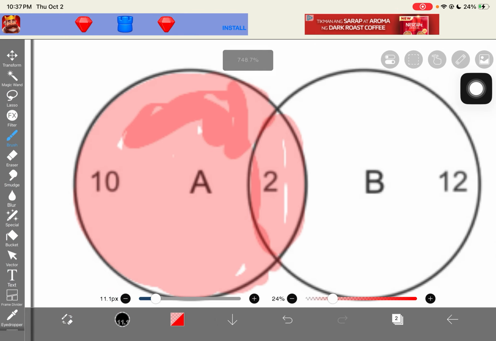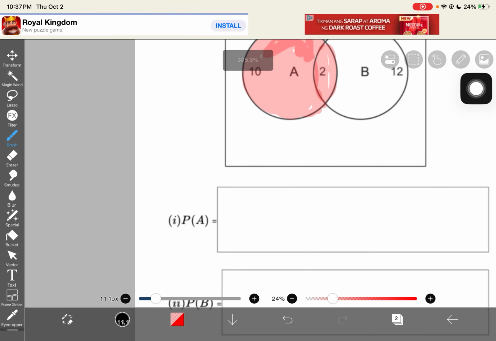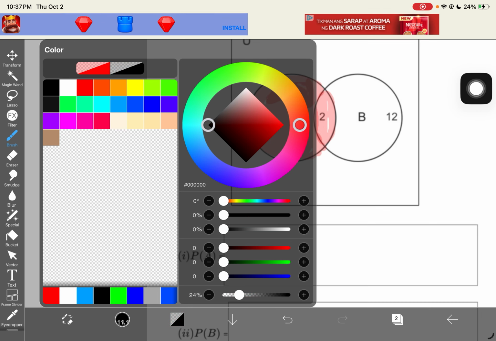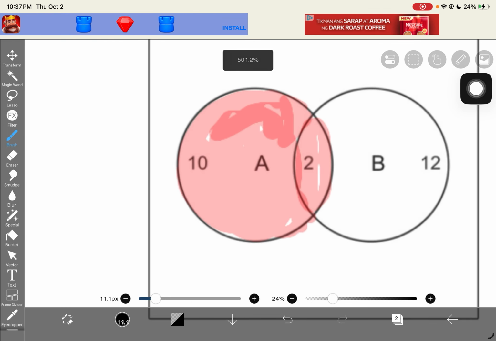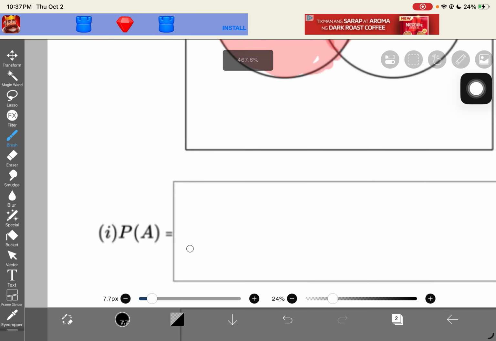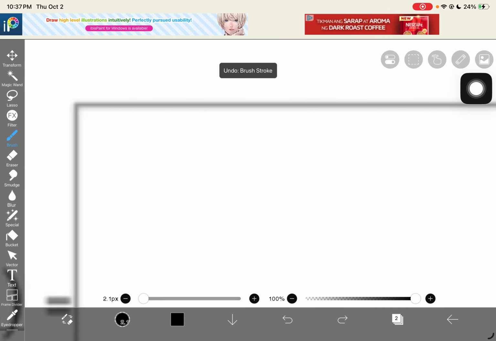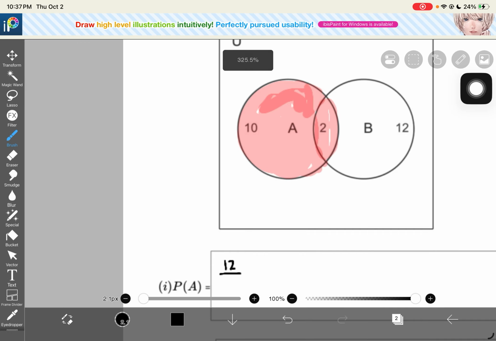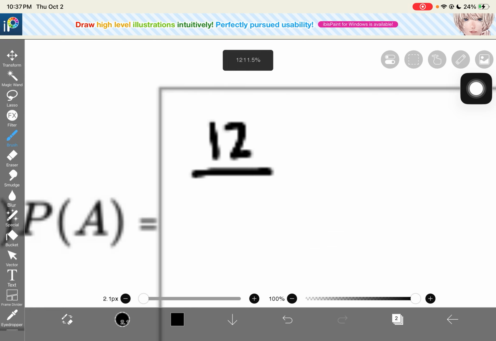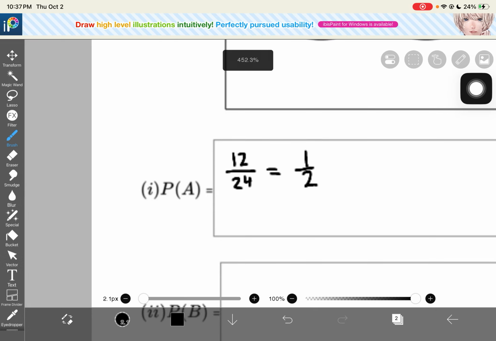Because it's part of sets A and B, and we're looking for items that are part of either set. So this is what you call set A. If you're asked for set A, you shade it like this. So that's going to be 12, because 10 plus 2 is 12, plus 12 is 24. So that's equal to 1/2.